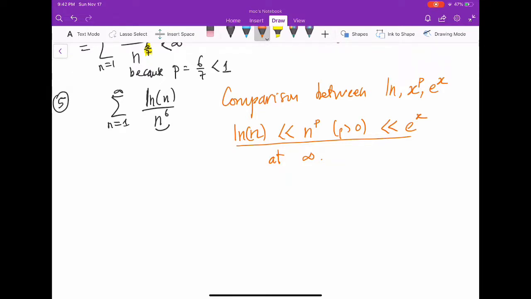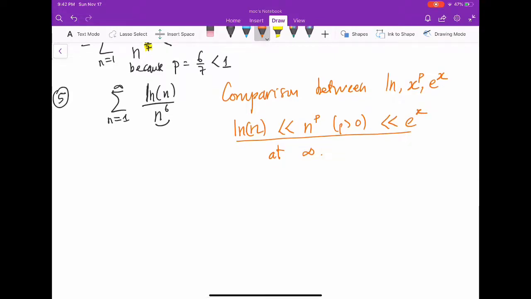I can say like this: since ln of x is very small if you compare with n to the 1, we know that ln of n over n to the 6 is greater than or equal to 0, but since ln is very small compared with n, it is less than or equal to n over n to the 6, for big enough n.